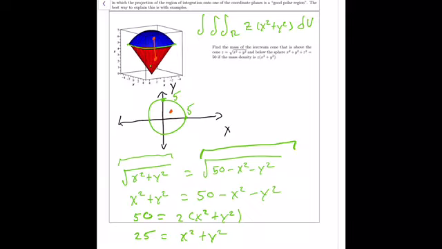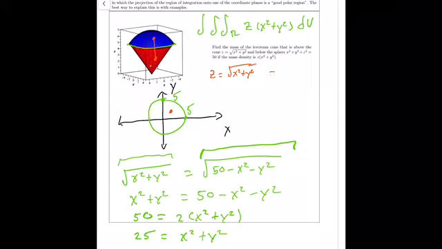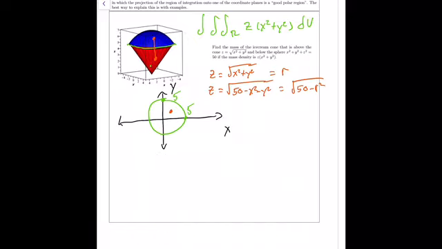So if you have a fixed point in the circle, z is going to go from z equal to the square root of x squared plus y squared, which is just equal to r in polar coordinates, and then it's going to go up to the sphere, which is the square root of 50 minus x squared minus y squared, which is just equal to the square root of 50 minus r squared in polar coordinates. So using all of this, we can now determine what the integral will be.